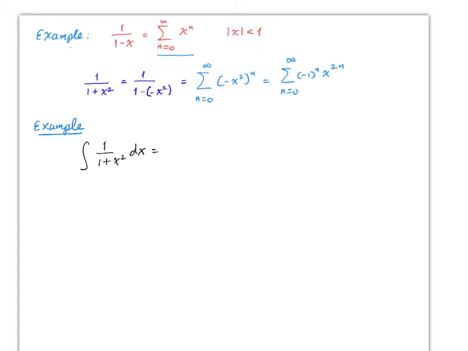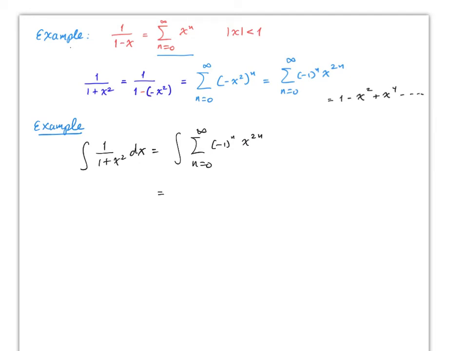And if we integrate both sides, this will be the same thing as the integral of the sum. And again, it may be easier if you expand this. Remember, if n is 0, obviously anything to 0 is 1, then it will be minus x squared, and then plus x to the 4, and so forth.